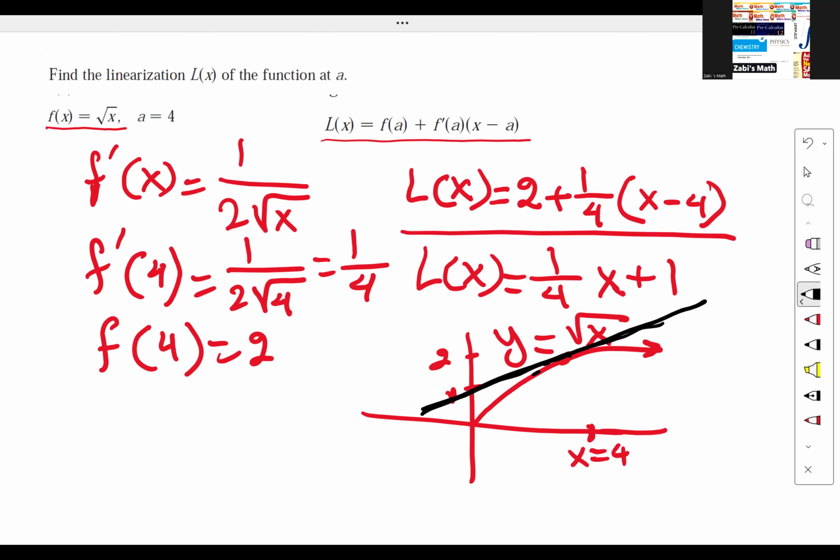We have a linear approximation at x equals 4. That's how powerful it is. Later on in calculus, advanced calculus or calculus 2, you'll be able to write any polynomial function and any degree of the polynomial.